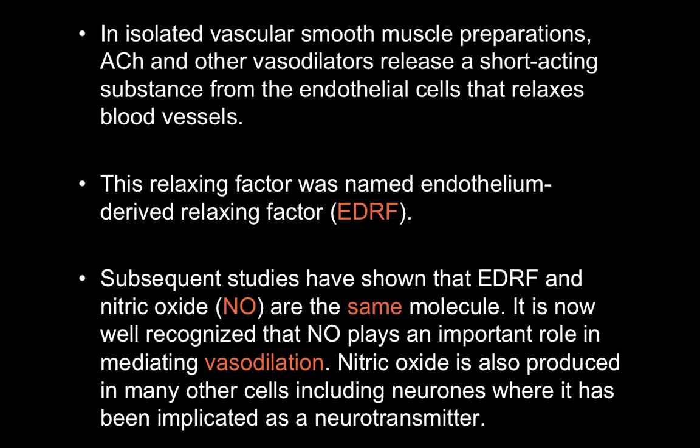Right? So nitric oxide was this molecule that we were naming EDRF. So it is now well recognized that nitric oxide plays an important role in mediating vasodilation. Nitric oxide is also produced in many other cells, including neurons, where it has been implicated as a neurotransmitter. So the major effect of nitric oxide in the body is vasodilation.